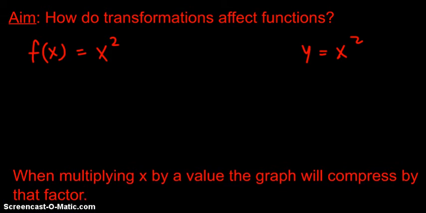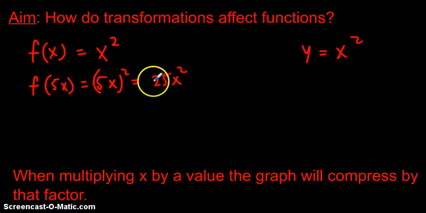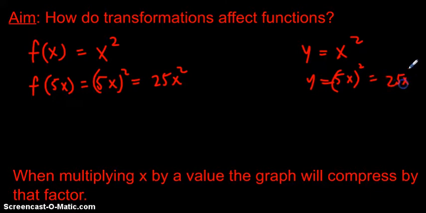So for instance, f of x equals 5x squared, or 25x squared, will actually be a compressed graph of this one. So that's the same thing as saying y is equal to (5x) squared, which is equal to 25x squared.